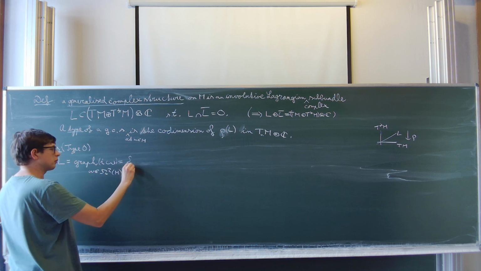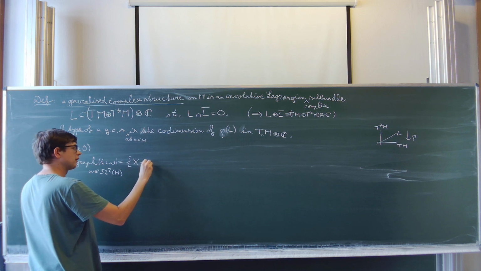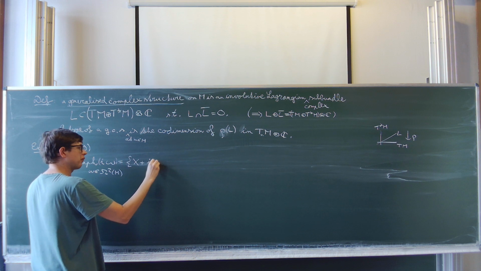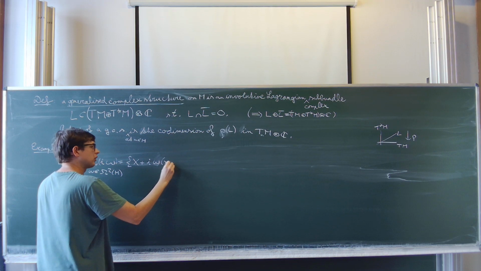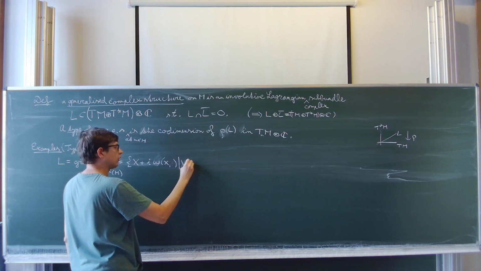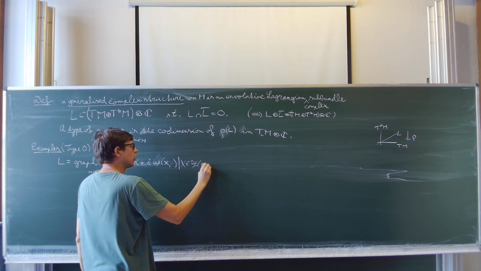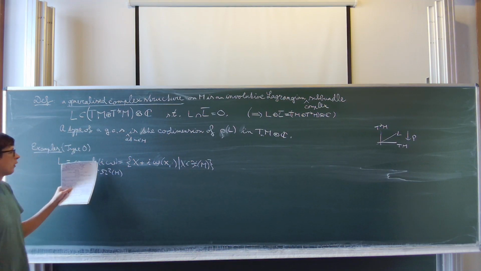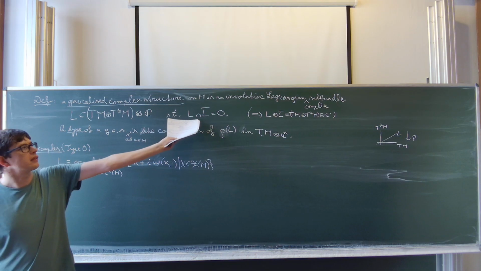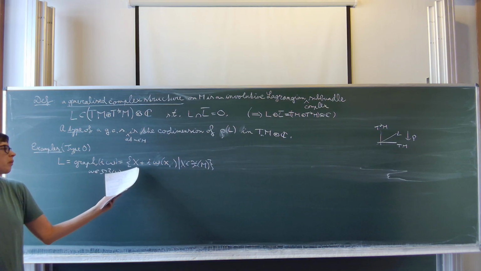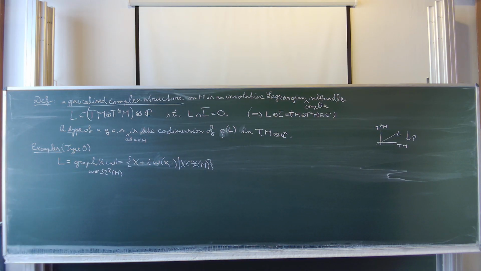So this is, in other words, just the set of x plus i times the contraction of omega with x, for x a vector field. Note that I couldn't remove the i. If I removed it and had a graph of a smooth real two form, then it won't satisfy this property, because then its complex conjugate will have a non-trivial intersection with itself.